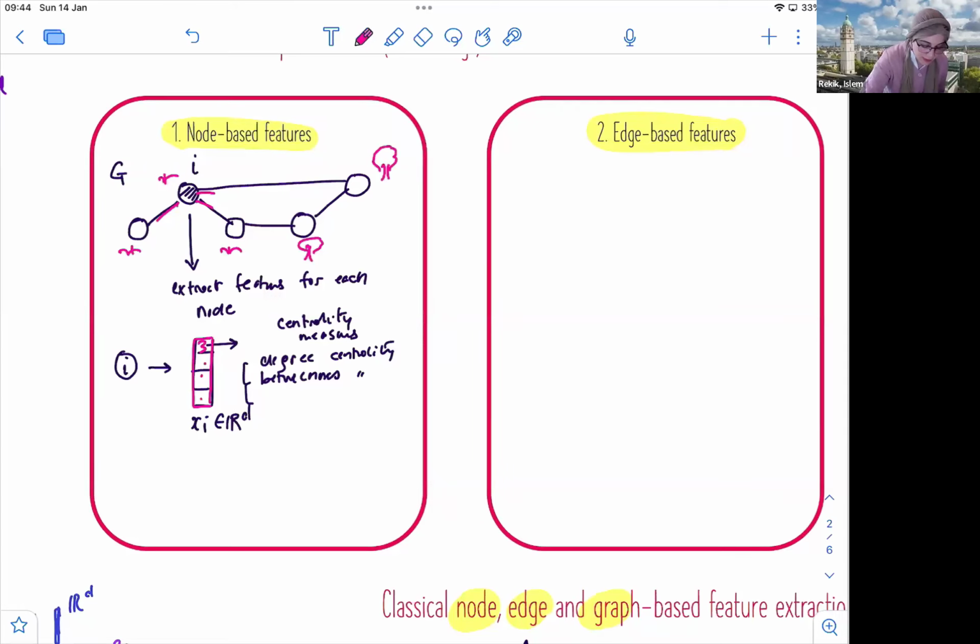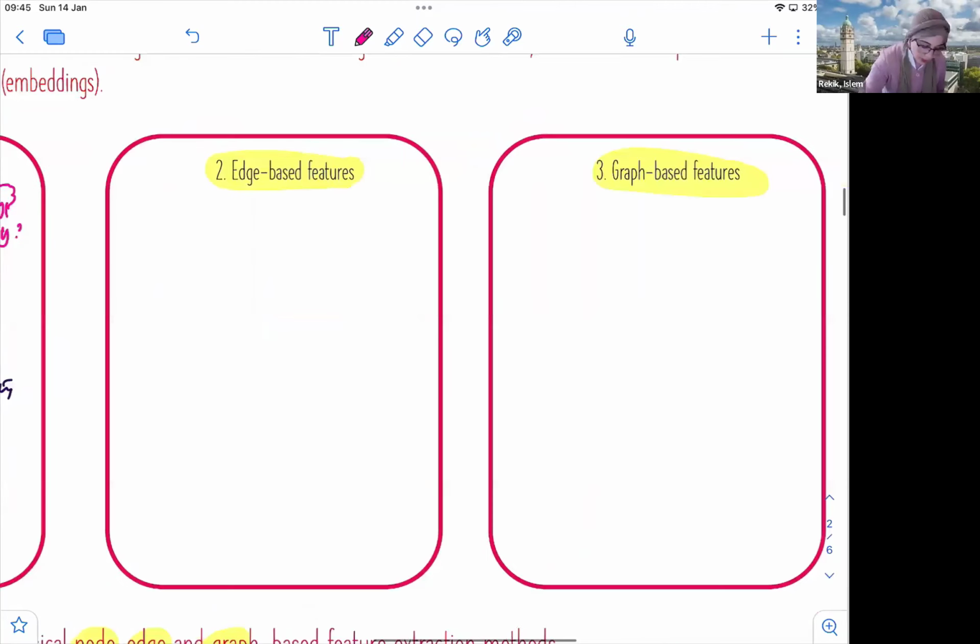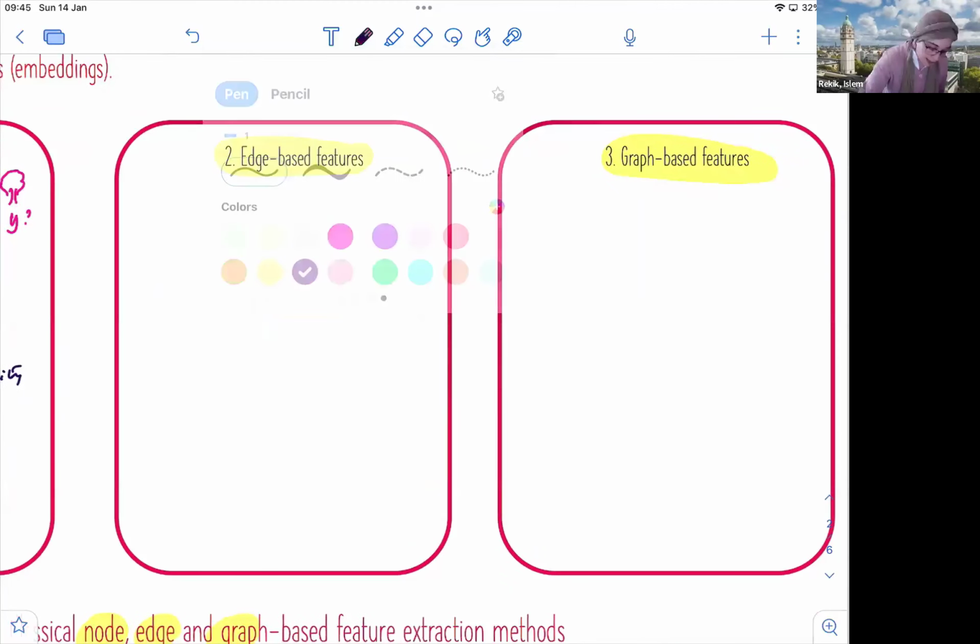Anyways, the idea here is we want to get the label, and the label will depend on this feature. So we can train, for example, an SVM classifier on these features that we extracted from our graph for each node.